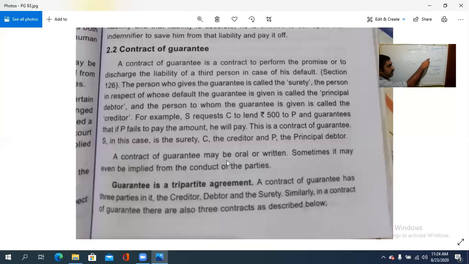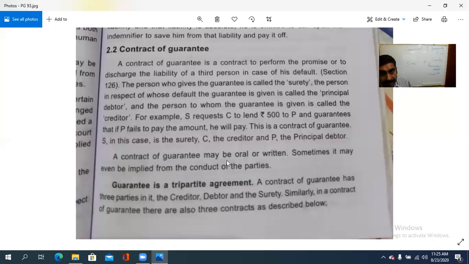So, surety, principal debtor, and creditor. Once again, a contract of guarantee is a contract to perform the promise or to discharge the liability of a third party, in case he makes a default. That is the case with regard to Section 126 of the Contract Act.